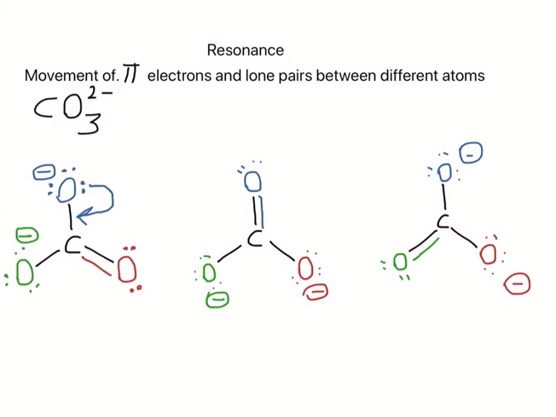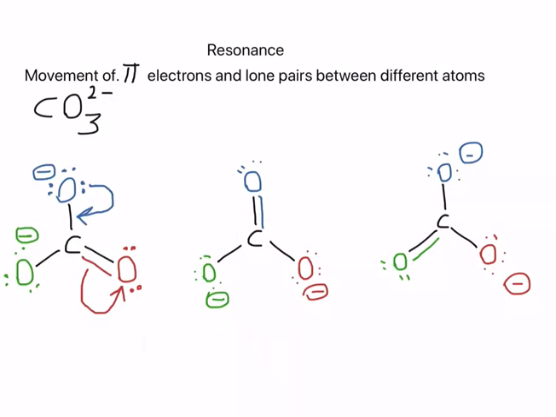For example, for interconversion of the first form to the second form, one of the lone pairs of the blue oxygen will form a pi bond between carbon and blue oxygen. And now the pi bond between carbon and red oxygen has to break because carbon cannot have more than 4 bonds.